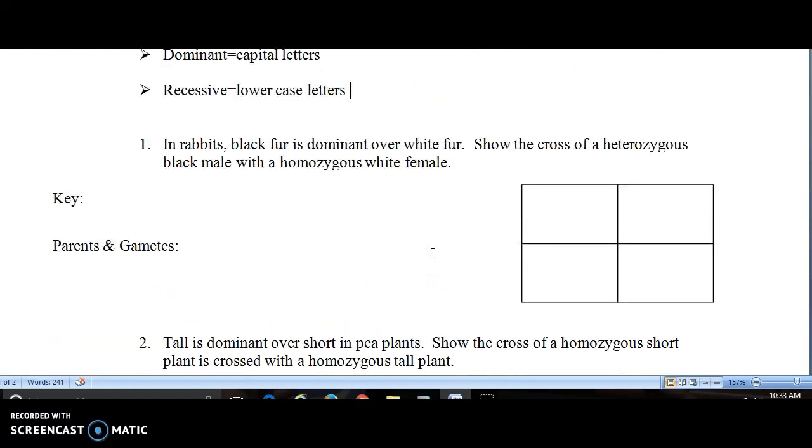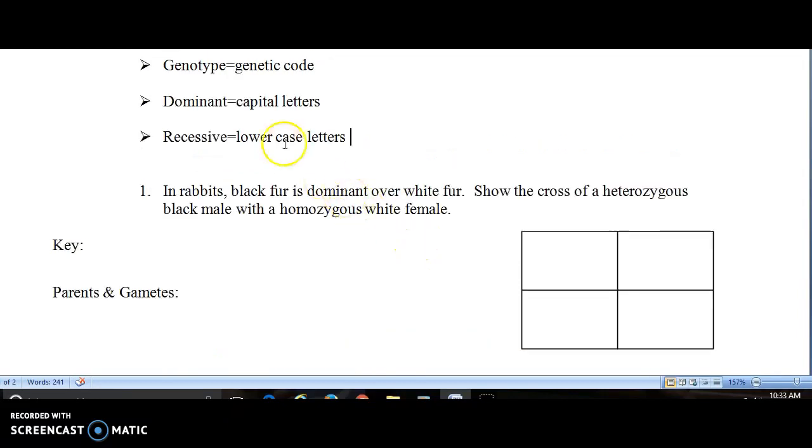Now if we go down here and we are looking at our first problem, they are telling you about rabbits and asking you about some traits about the rabbits. So in rabbits, they say black fur is dominant over white fur. So from above, we know that our dominant traits are usually represented by capital letters.